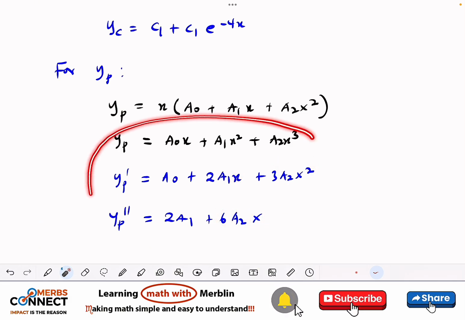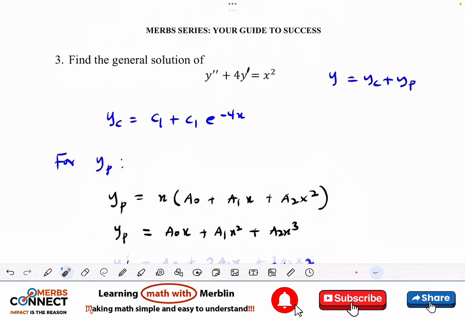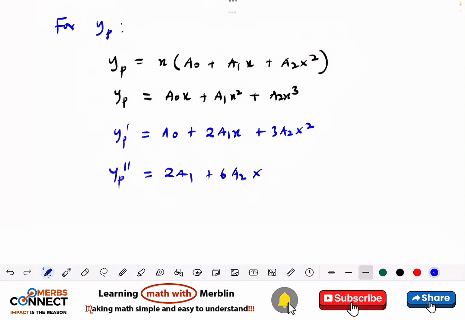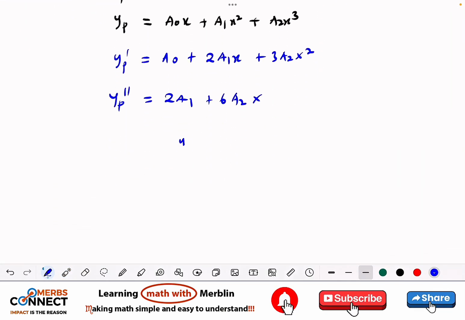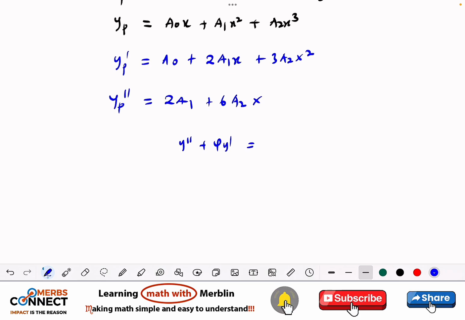So now we are going to substitute this inside this equation, and then we find a particular solution. So it's very simple from there. So we have y double prime plus 4y prime is equal to x squared. So let's plug them in.